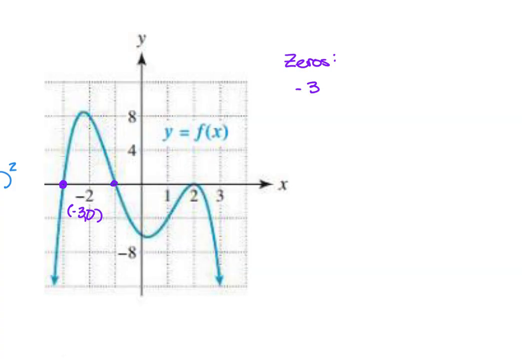We have an x-intercept at (-1, 0), and so we have a zero of -1. And then we have an x-intercept at (2, 0), which is a zero of 2.